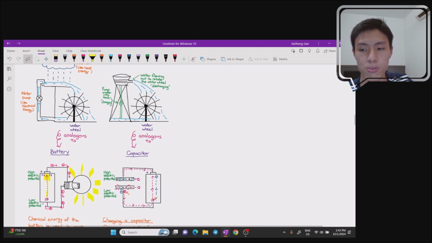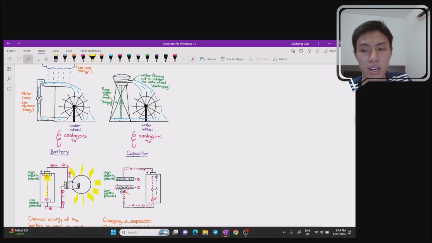You bring it from somewhere which is lower ground to a higher ground. This process requires effort, so it requires energy. Where do you draw the energy from? You draw the energy from the chemical energy of the battery itself. Once you draw the charges to the higher electric potential region, now over here they possess electric potential energy already.